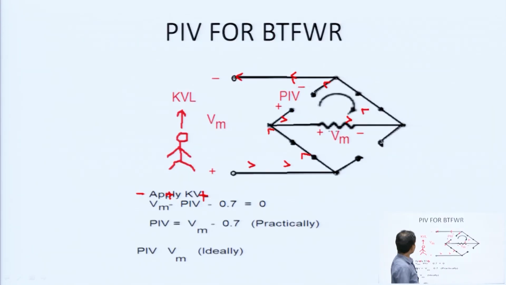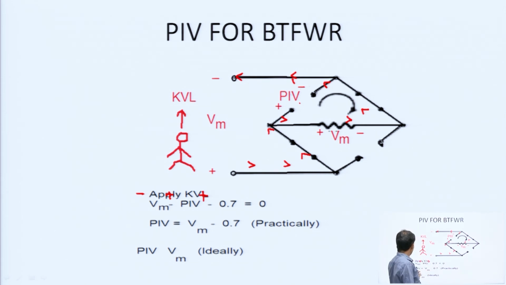Now, for the bridge type full wave rectifier, for the positive half cycle these 2 diodes are in reverse bias and these 2 diodes are in forward bias. Either we can calculate PIV here or here. I am going to calculate PIV in this diode only. Now, for the negative half cycle these 2 diodes are in reverse bias. Apply KVL from here to here in the clockwise direction. Minus Vm, here ideally 0, here plus Vm, here ideally 0.